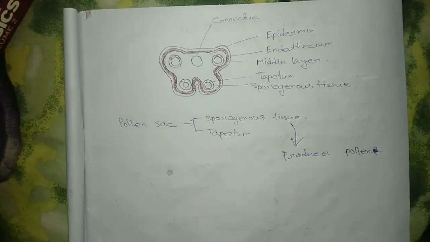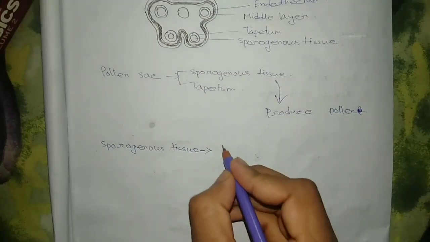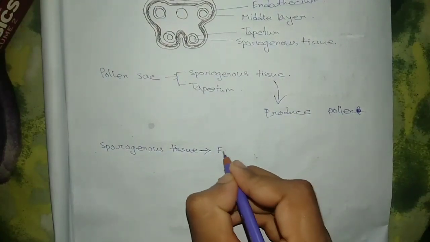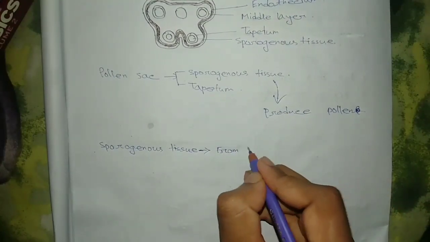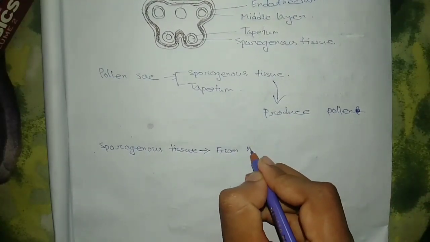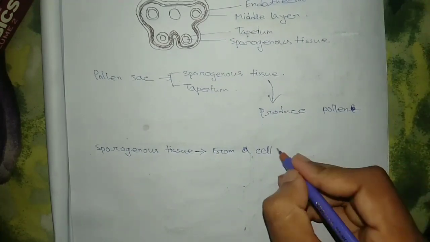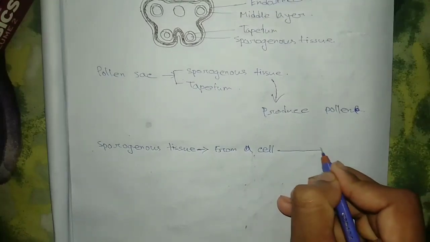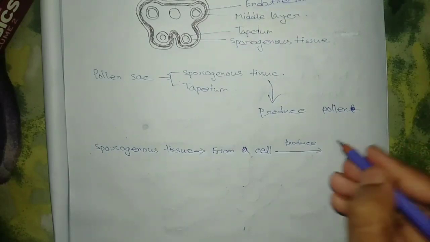Now I am talking about sporogenous tissue. In a sporogenous tissue, from a cell, it produces four cells.